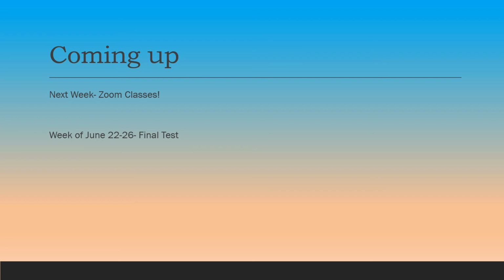And then remember, on the week of June 22nd to 26th, which will be your final week here, we are going to do a test, okay? Since we're not in class, we're not going to do a presentation. I was going to have you do a video or something, but I don't really know how useful that is.